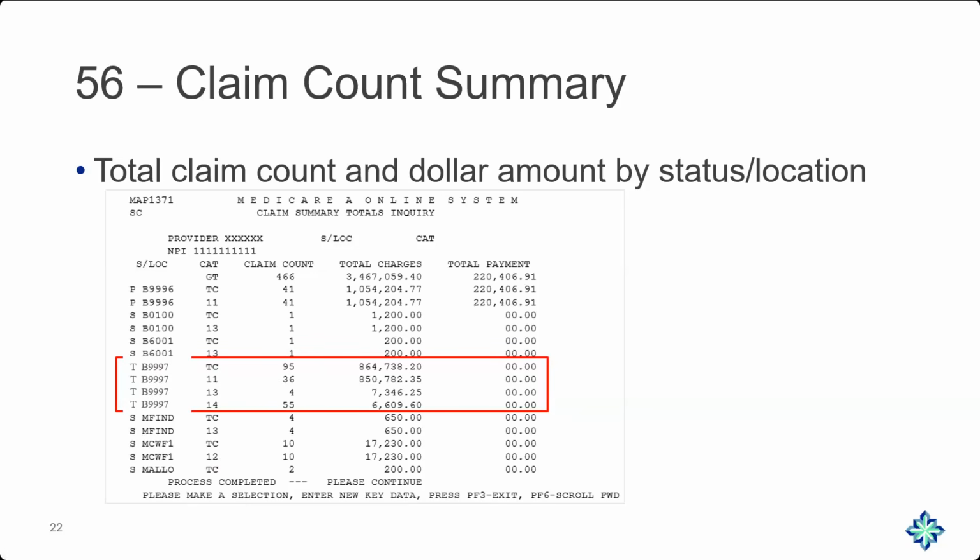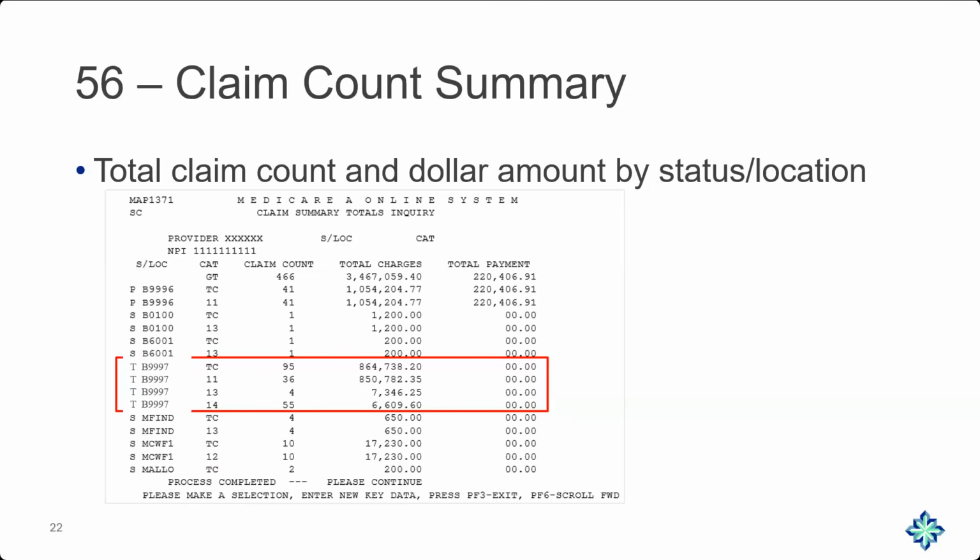So if you see a jump in one status location all of a sudden and you're not sure why, you can then go to the claim summary menu, which is what we just talked about, and filter that list by that status location and bill type to see what's going on with those claims. Are they pending for the same or a similar reason code?